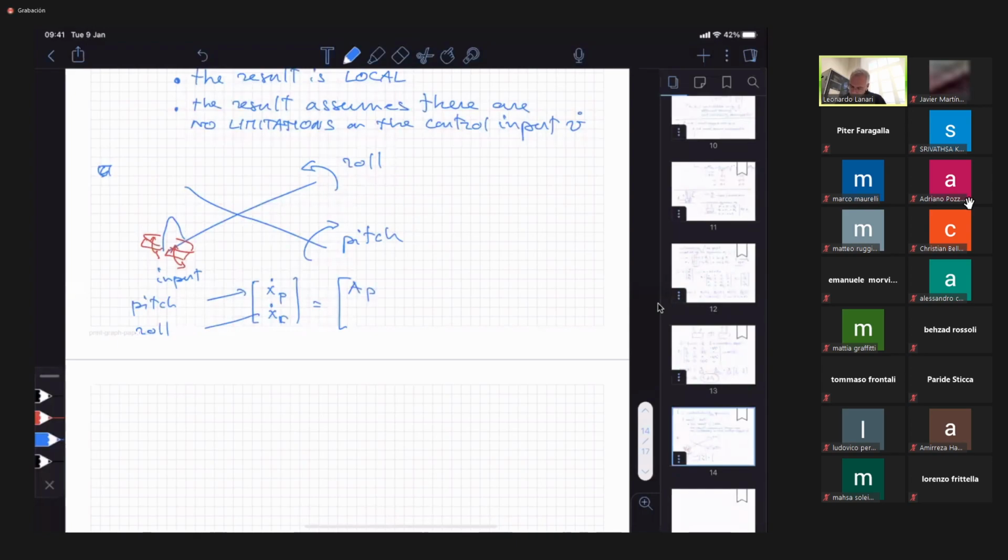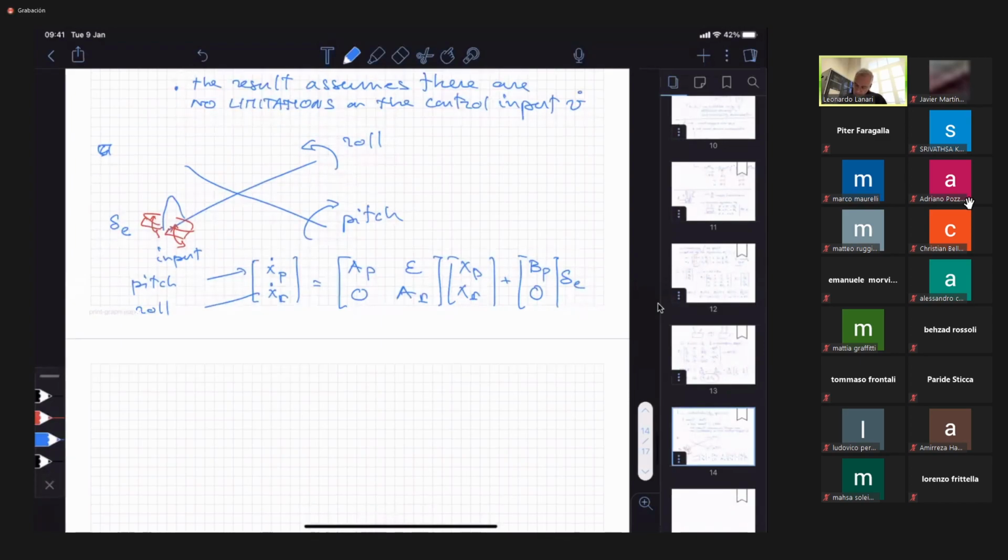We would have AP, 0, AR, and some matrix here, epsilon, times XP, XR, and then with respect to this input, we would have BP, 0, delta E. If we have here, let's say, these that can also move, this could be defined as delta A, these angles.